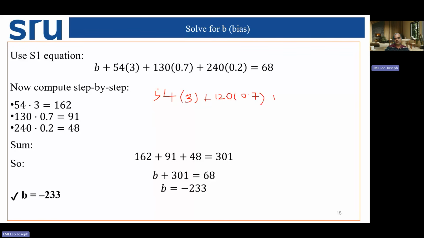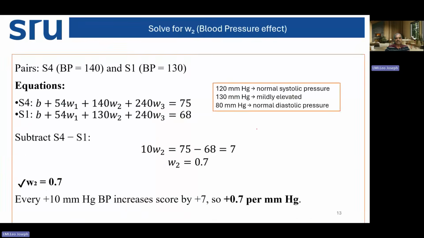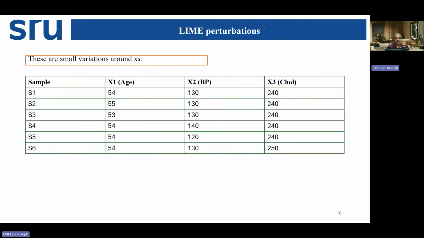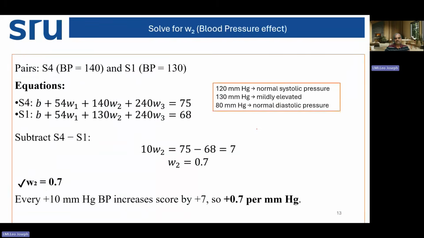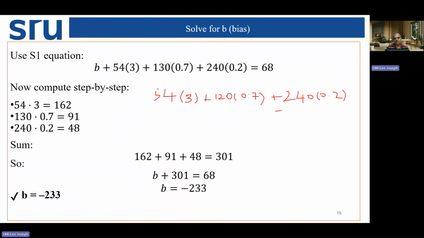Sorry, I am not having a pen, so please adjust. There is no change, only change is this. So 240 into 0.2, and I need to check what is the prediction value. So that is the main thing. What is the prediction value you are having for 54, 120, 240? 54, 120, 240 is sample 5. For sample 5, we are having the value 60. So this is plus B plus.